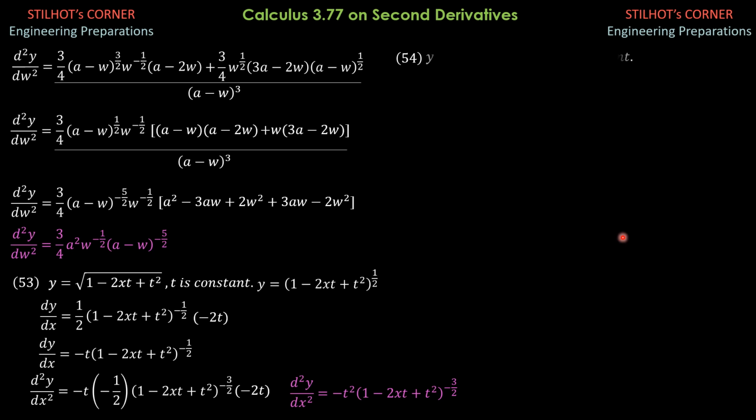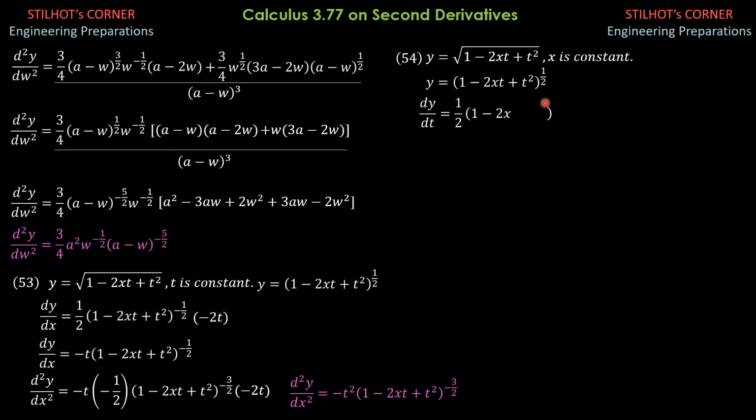And 54, this time x is constant, so it's t that is the variable here. So let's make this y equals quantity 1 minus 2xt plus t squared to the 1/2 to easily evaluate the derivative. So dy dt is 1/2 quantity 1 minus 2xt plus t square times negative 2x plus 2t.